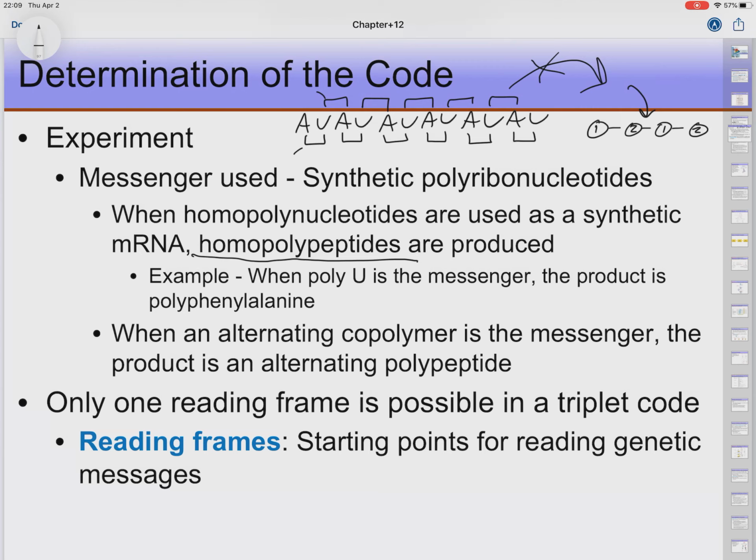So the only possibility is that these are triplet codes and there's only one reading frame. A different reading frame would give us UAU, AUA, UAU, AUA. With a doublet, a repeating double sequence, we're not going to get much variation, so bad example, but we would get different polypeptides.